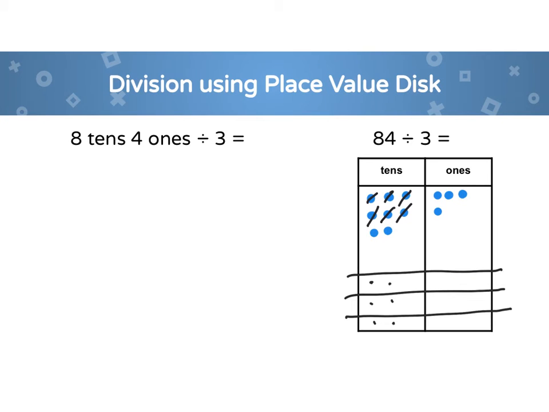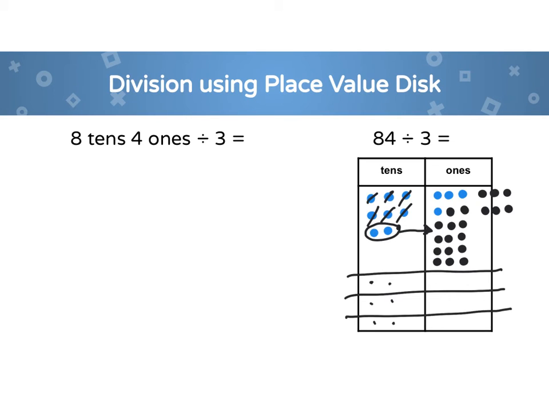So I am going to have to regroup these. Now that's going to be a lot of dots, but I'm going to do this just to show you. Okay, so I have drawn in 20 dots because 2 tens would be 20 ones. Now I can take these and I can divide them up into 3 equal groups.